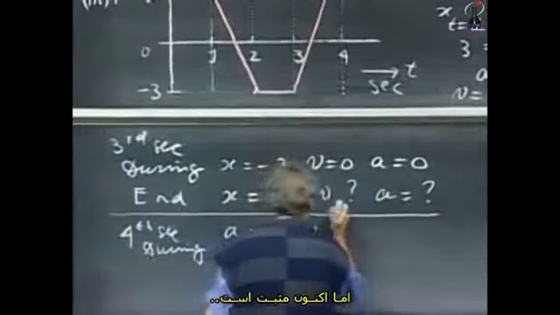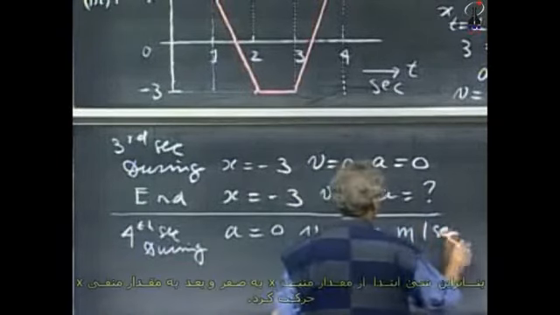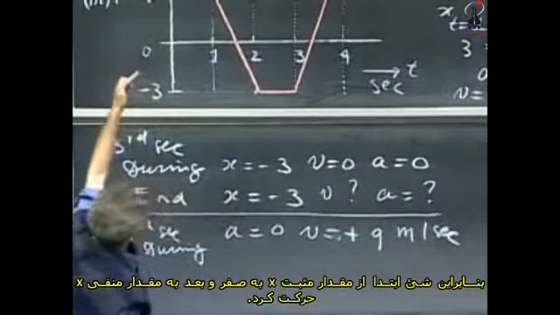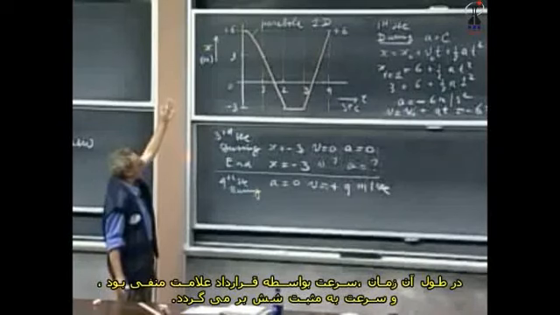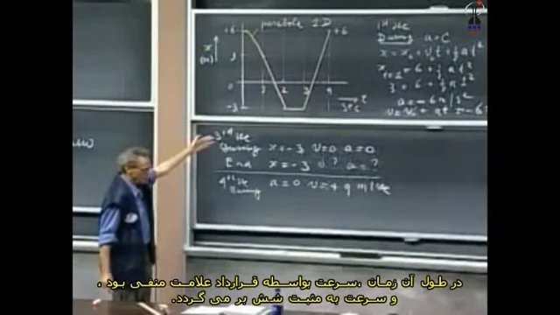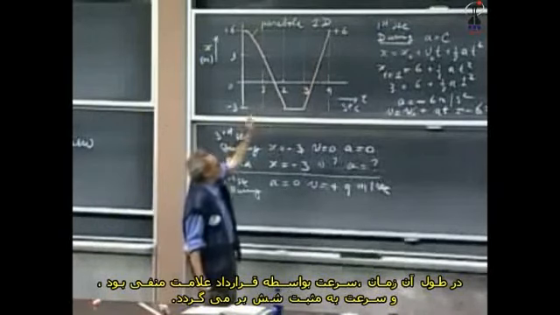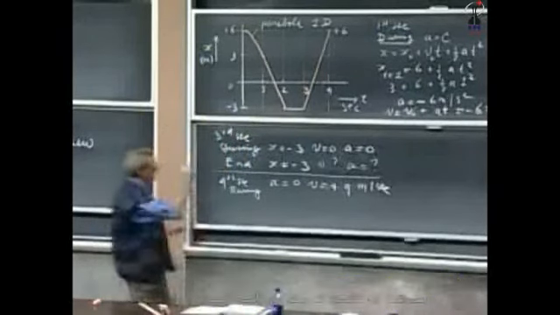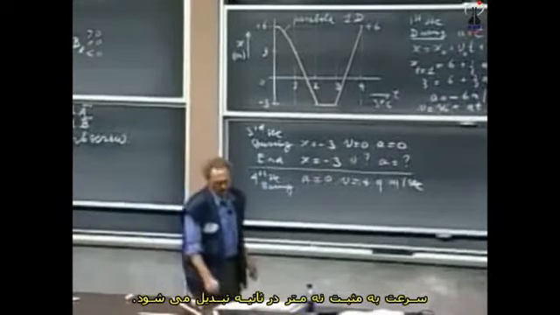But it's now +9 meters per second. So the object first went from positive values of x to 0 and to negative values for x. During all that time, the velocity was negative by our sign convention, and now the velocity goes back up. The velocity becomes +9 meters per second.